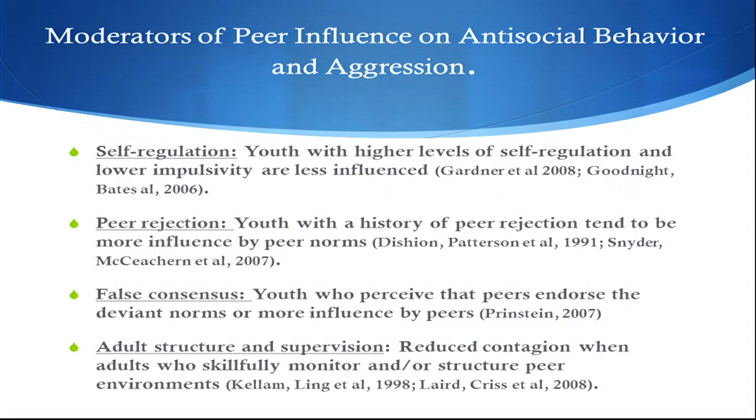And then, of course, adult structure and supervision. I like to think of it as adult leadership, having adults be in a leadership role, taking a stand and dealing with these minor events when they're occurring and not letting them escalate is certainly a key to moderating peer influence. And some really classic work on that by Shep Kellum and Bobby Laird.